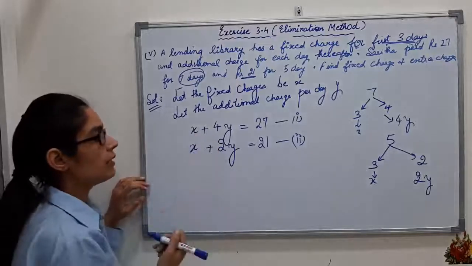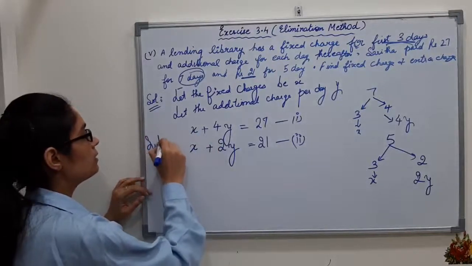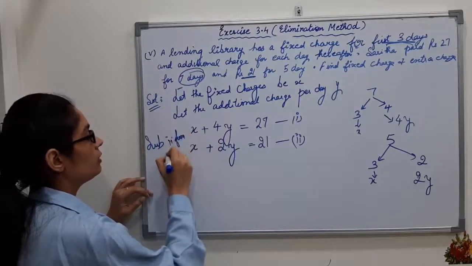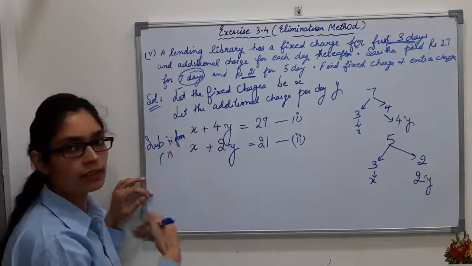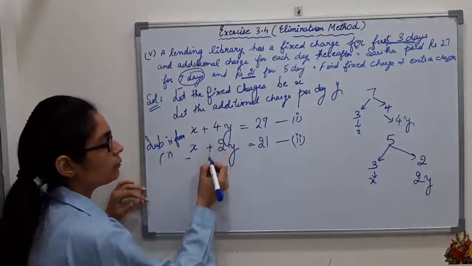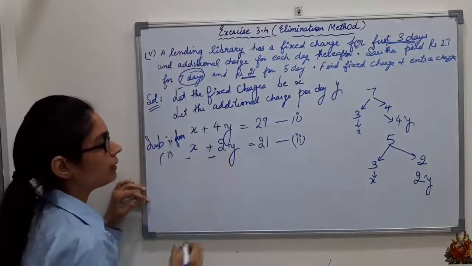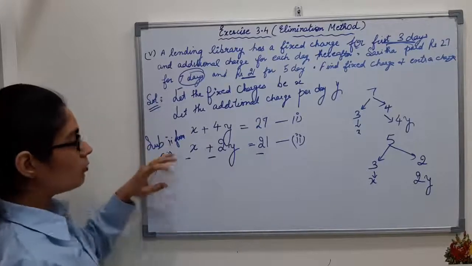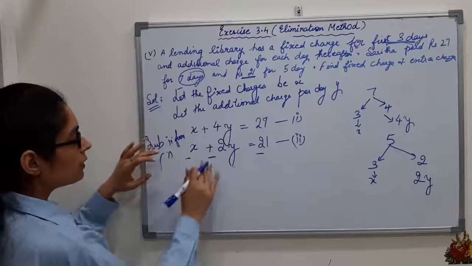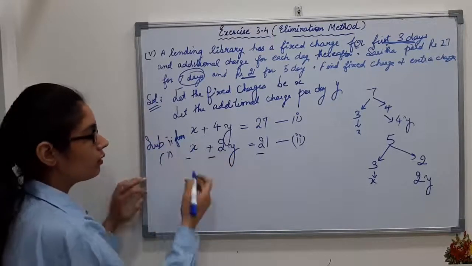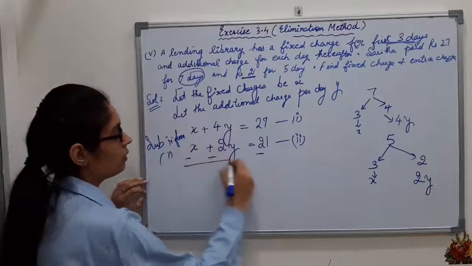x and x is same, so I can simply subtract second from first. On subtraction, the signs will get changed. This is plus x, it will be changed into minus. This is plus 2y, it will be changed into minus. And this is plus 21, it will be changed into minus. So once you change the sign, just consider these are your final signs for these numbers. Don't get confused like this is plus, this is plus.